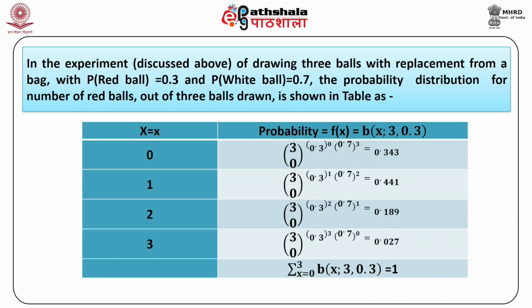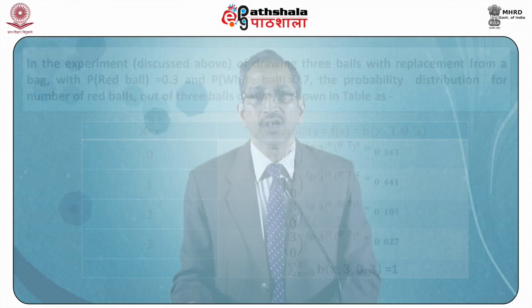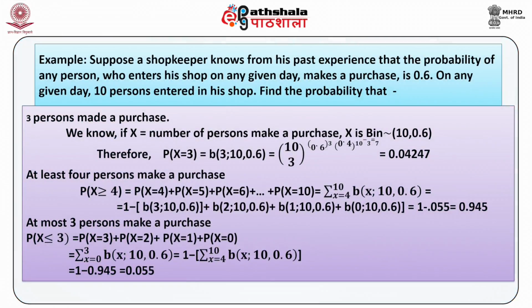If you add all these probabilities, I am sure you can see that the sum total comes out to be equal to 1. So, this probability distribution corresponds to various values that the binomial random variable x can take, and therefore it is called the binomial probability distribution. Let us take some examples.